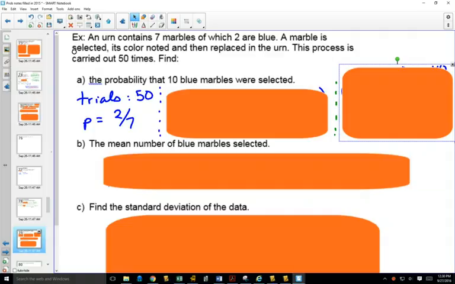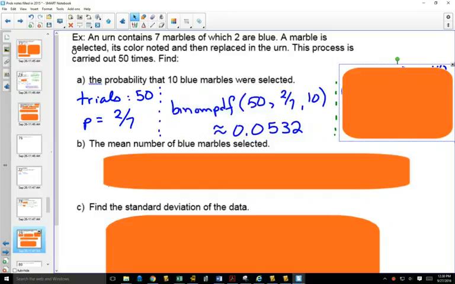So we could either use our binomial PDF, 50 trials, probability of success of 2/7, and we want to find exactly 10. Notice here when we get our answer for the 3 sig figs that this 0 doesn't count as a significant figure. So it doesn't mean that you're just going to 3 decimal places. You still need to go 5, 3, 2 for 3 significant figures.